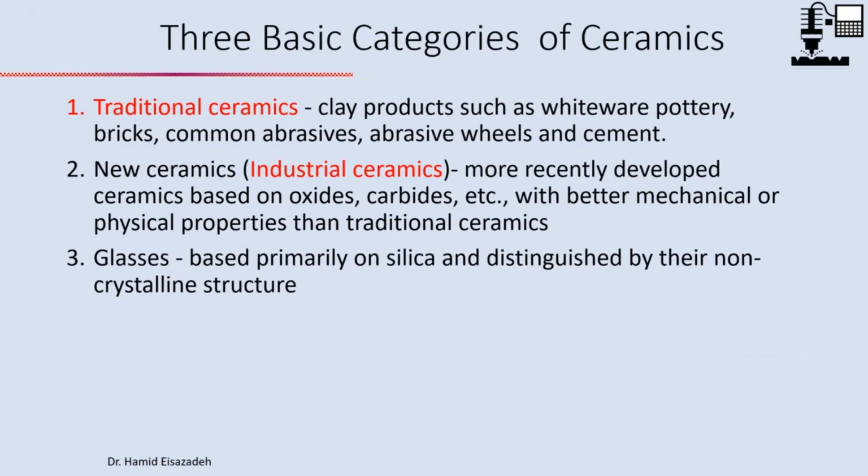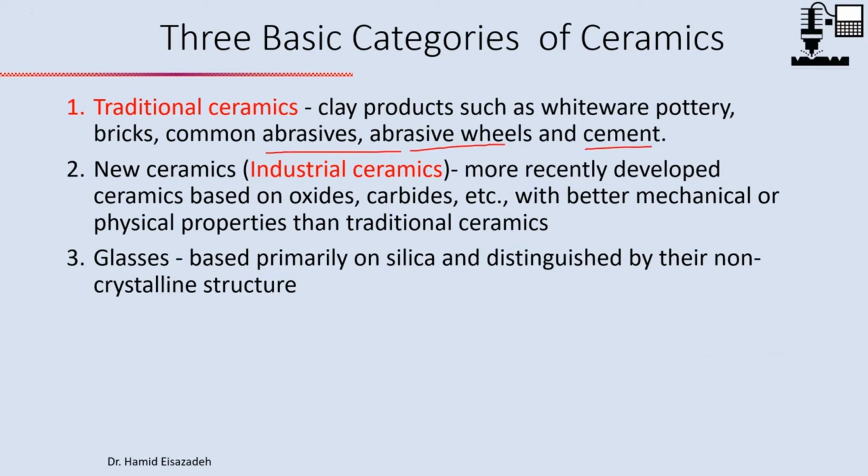We have three different categories of ceramic. One is called traditional ceramic, where we have clay products such as whiteware, pottery, brick, some abrasive materials, abrasive wheels and cement.